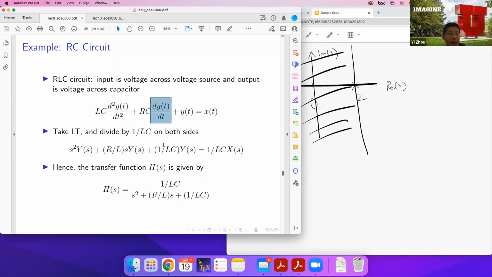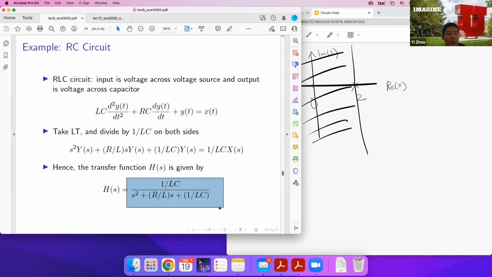The first order differentiation becomes s times Y(s). And the zeroth order is simply Y(s). And x(t) becomes X(s). So in the end, you can find H, which is Y over X, and it takes this form.